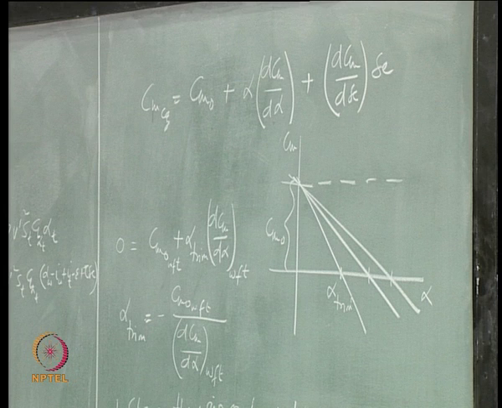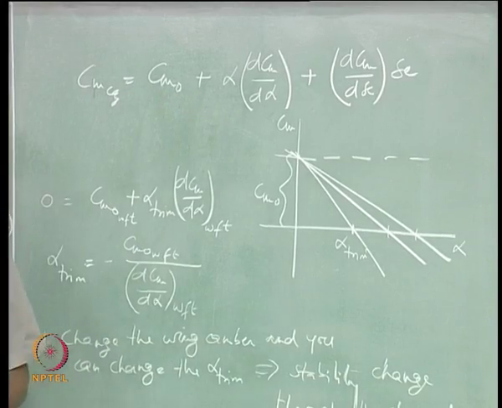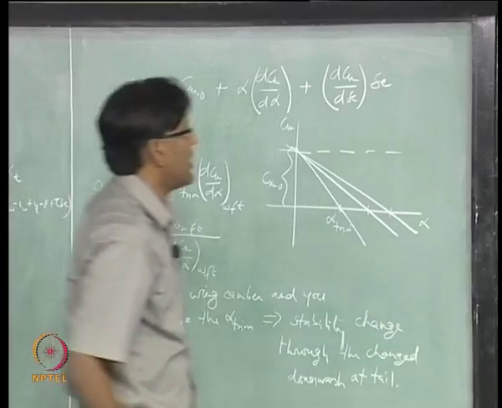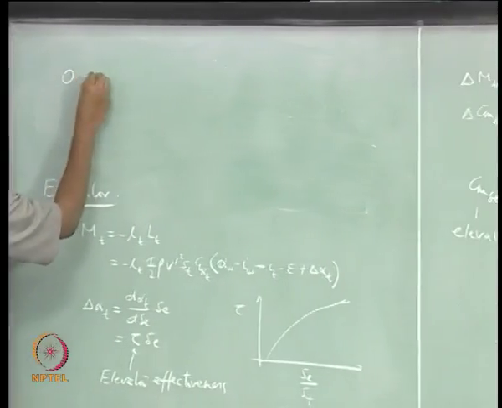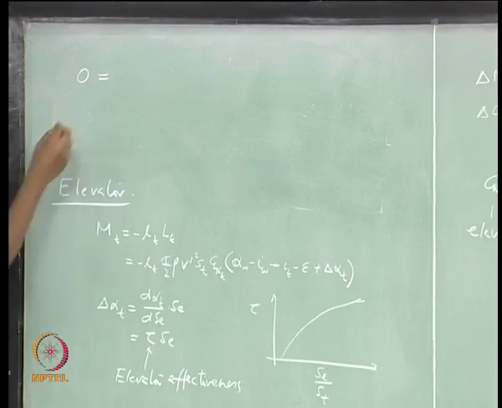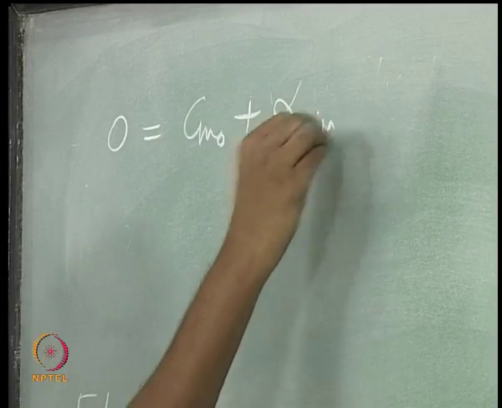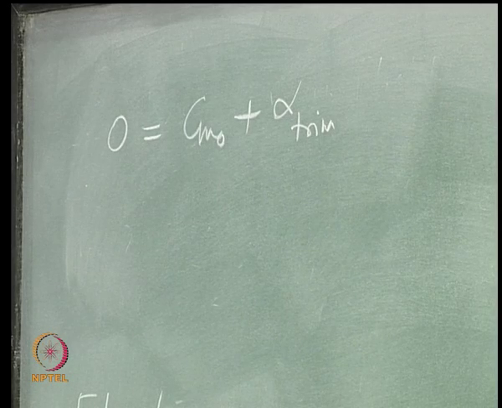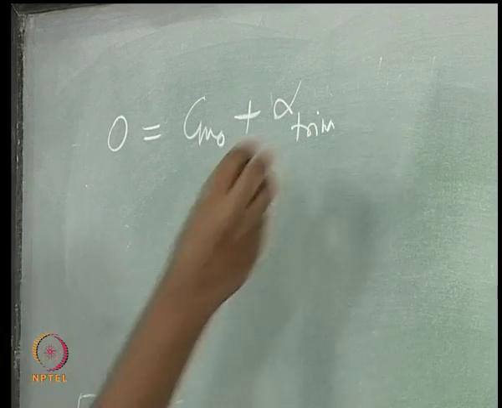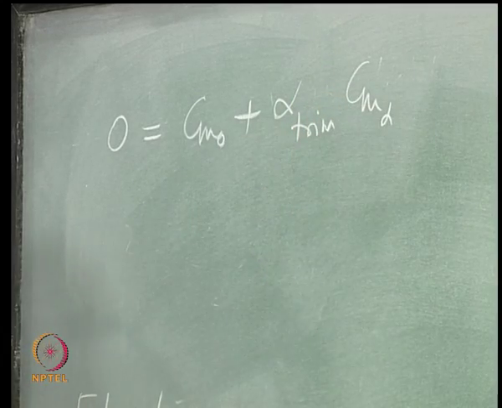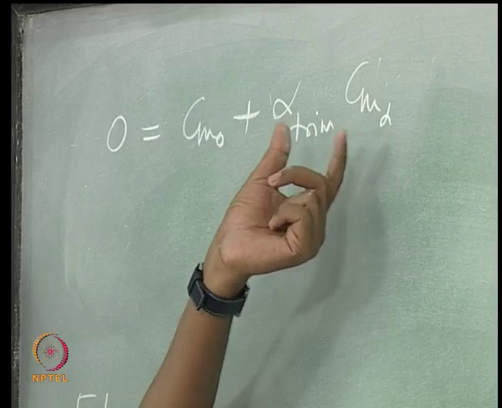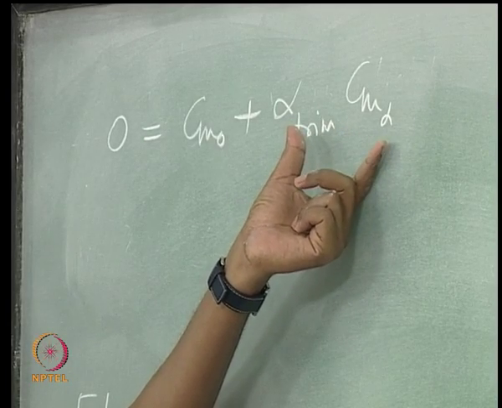Now, I have a relation which is telling me, if I set this to 0, that is the trim condition. So, now if I want to find out what should be the elevator for a particular alpha, that relation we can find out from here, and this is without affecting the stability, isn't it?